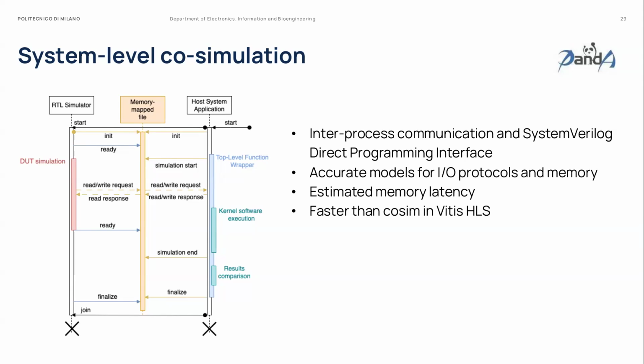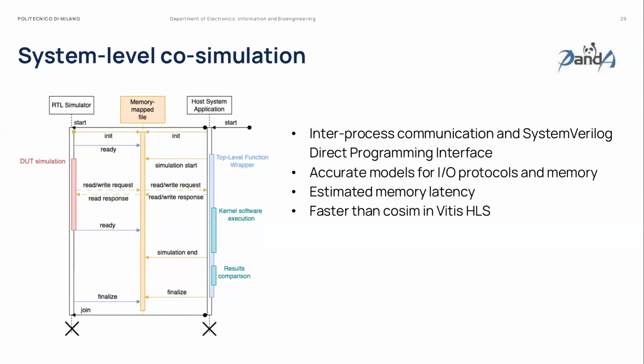We have accurate models for I/O protocols, and we estimate the memory latency because we don't have memory simulation here. Somehow this becomes faster than doing co-simulation in Vitis. I say somehow because co-simulation in Vitis is a black box. We don't know what it does, but we know it is slower. We've tested this, and it's under review at the moment.